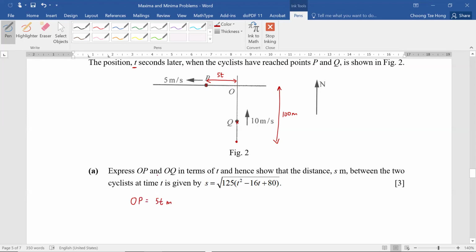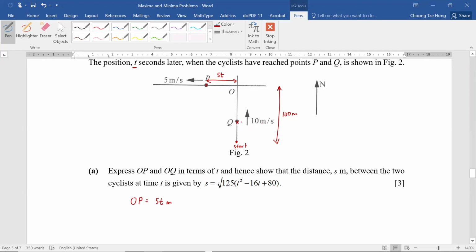All right. Then let's look at the second cyclist. Remember, he is starting from here. This is the start. The second cyclist is moving towards point Q at 10 meters per second. Same thing: after 1 second, you'll be 10 meters away. After 2 seconds, you will have moved 10 times 2. After 3 seconds, 10 times 3. So after t seconds, you will have moved 10 times t.